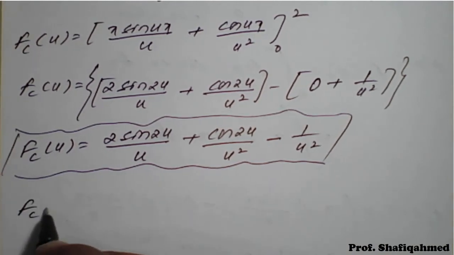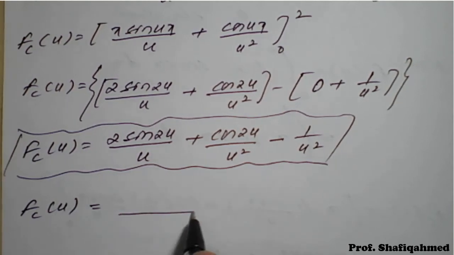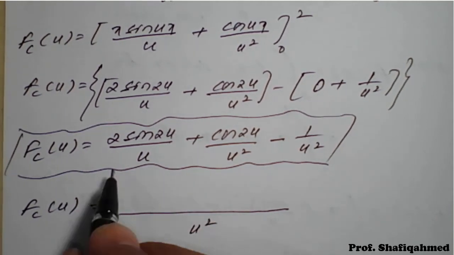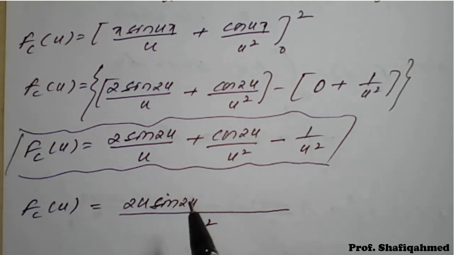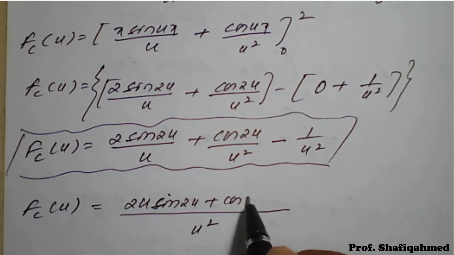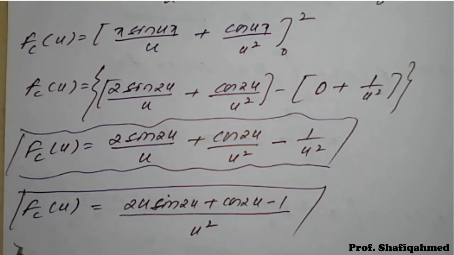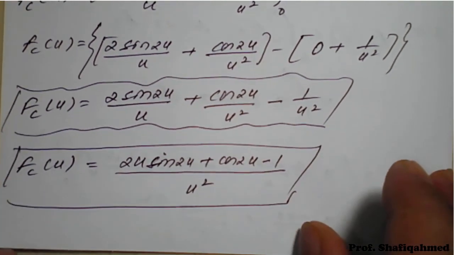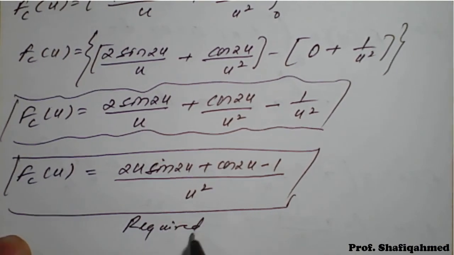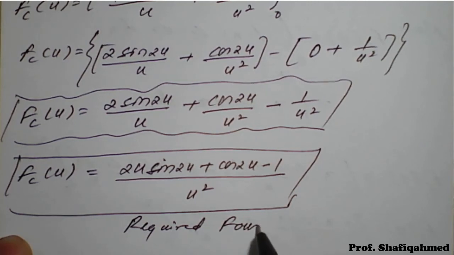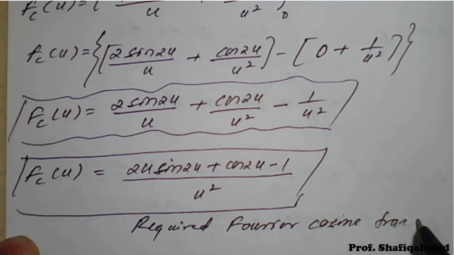Or on taking the LCM we can elaborate one more step. Taking the LCM as u square, fc of u is equal to 2u sine of 2u plus cos of 2u minus 1, all over u square, which is nothing but the required Fourier cosine transform.